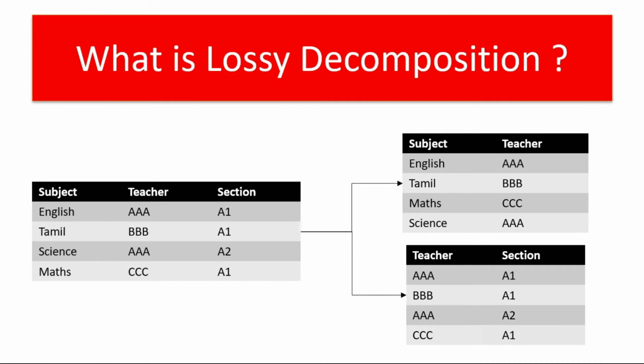But somewhere while splitting the table, we have lost important data. Teacher AAA handles English, but for which section is lost. Similarly, teacher AAA handles science, but for which section the data is lost. So this is actually lossy decomposition.